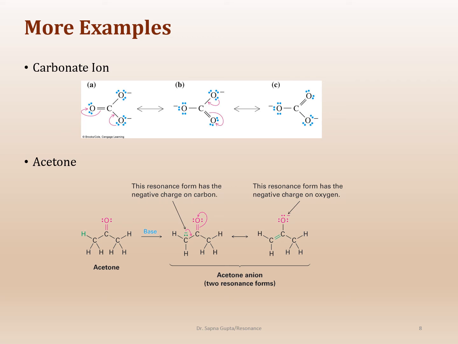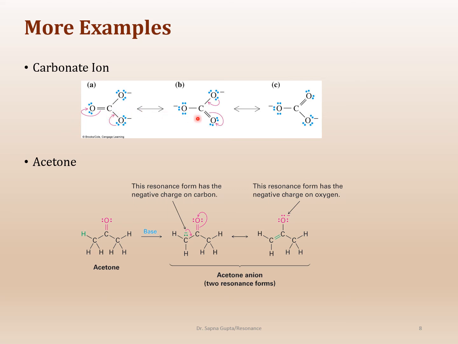Here are some more examples of resonance, and again, note the arrows. They are curved arrows. The curved arrows indicate transfer of electrons, and we will talk about this in organic chemistry and discuss all the different kinds of arrows that we have. You can see the movement here from a double bond to the oxygen, and then the transfer of this lone pair of electrons to this bond over here.